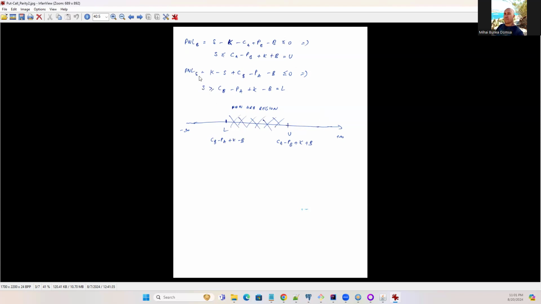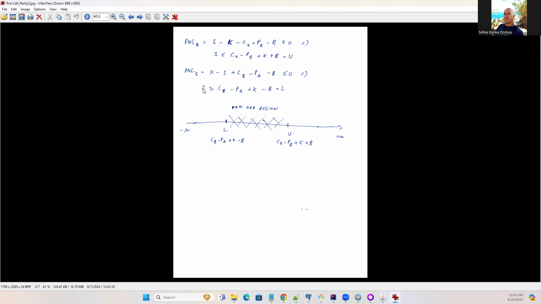For short selling the call, you have a lower bound for the stock. If the stock is lower than this, there will be an arbitrage. The intersection of these two regions gives the non-arbitrage region, so the stock can be anywhere here.